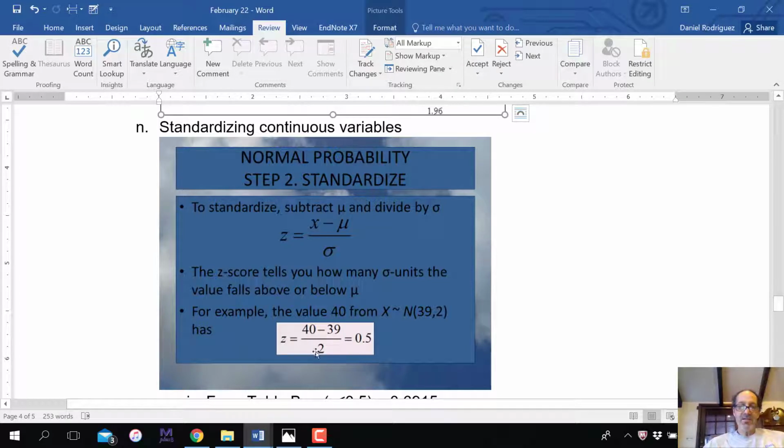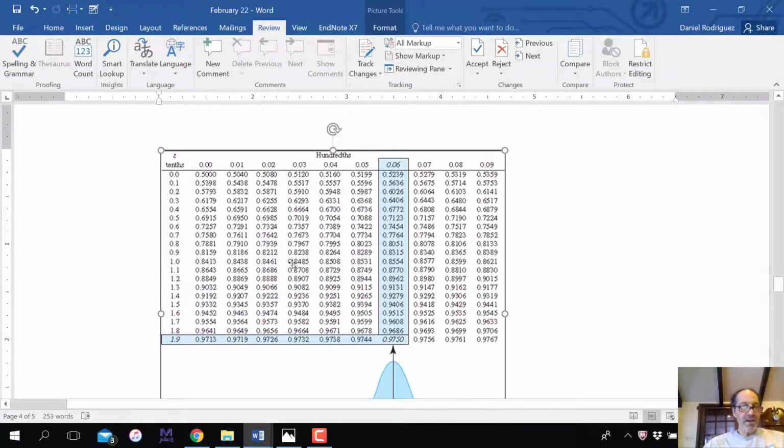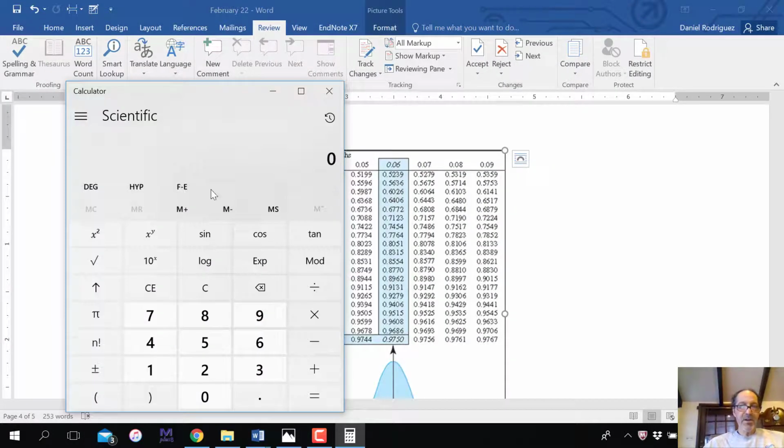The 2 is the standard deviation. We get 0.5. And let's see if I can look it up. It's just 0.50, right? A person with a z-score of 0.50 is at or above 69.15% of the population.